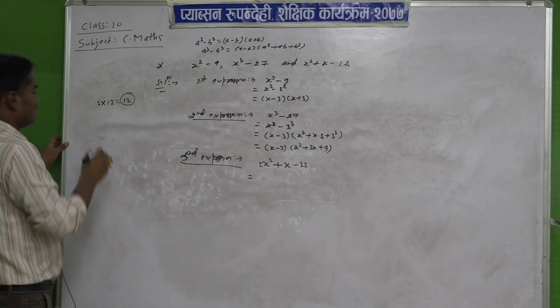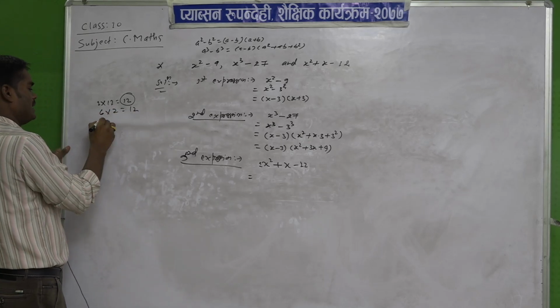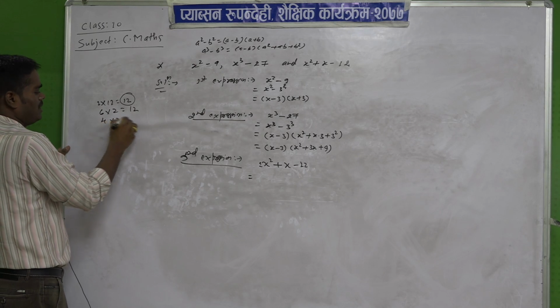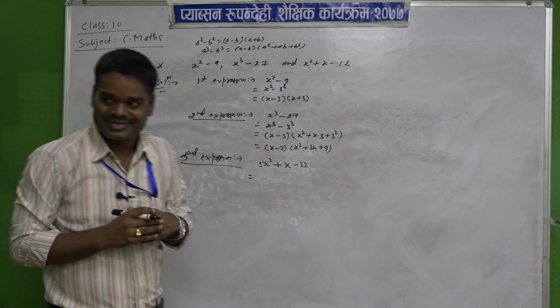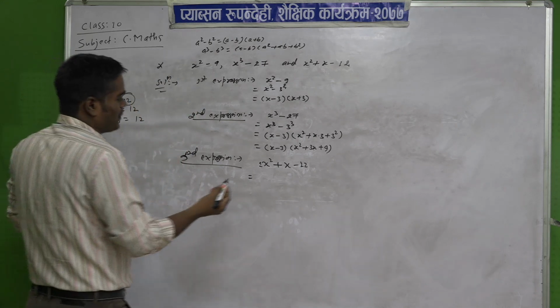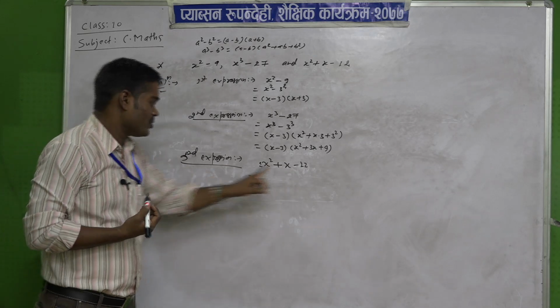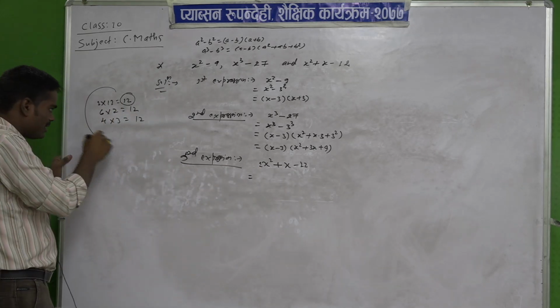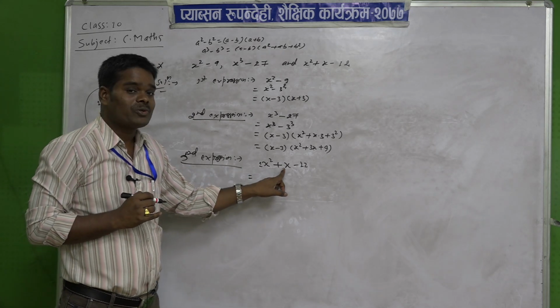So, right here, what are they? 6 times 2 is 12, and then 4 times 3 is 12. Is there any more? No. And then, what is the sign of the last term here? Minus. So, by subtracting in all these factors, we should get how much?